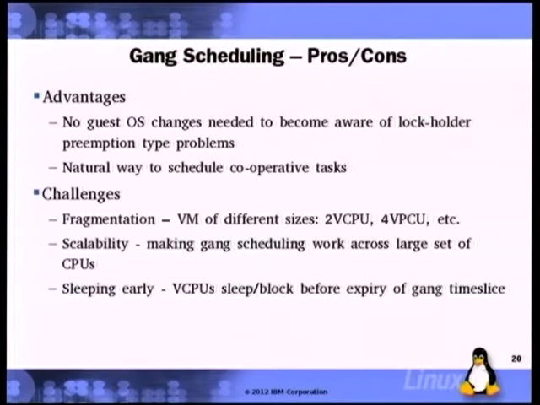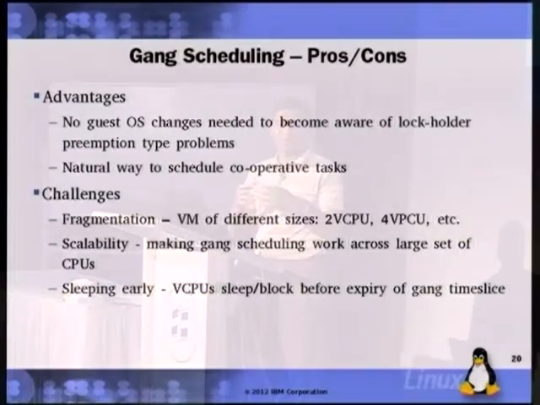As I said, the challenge here is fragmentation. The examples that I took were all 4 vCPU VMs with 4 CPU SMP. But what if I have a mix of 2 vCPU, 4 vCPU, and 8 vCPU VMs?